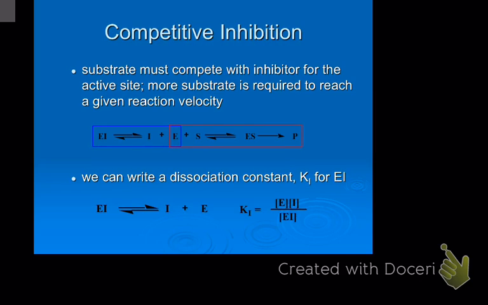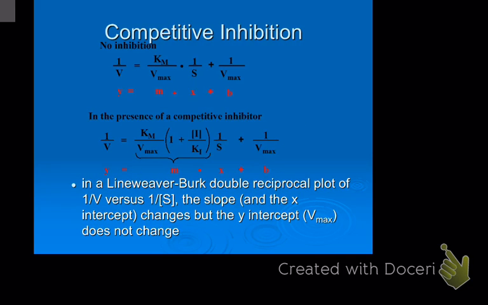And how the dissociation constant is called Ki, and this is free enzyme times free inhibitor divided by the EI complex. And then they show you why that happens to the Lineweaver-Burk. Okay, and so you can see that you get that 1 plus I over Ki. You're going to see that term pop up from time to time.